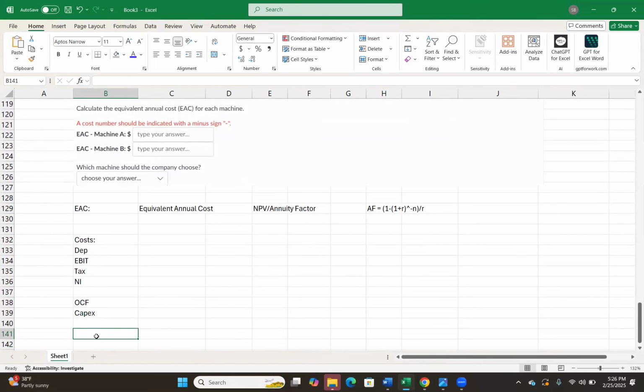Okay, and then we'll have our free cash flows down here. Let me move these down a bit, so we might need some extra room.